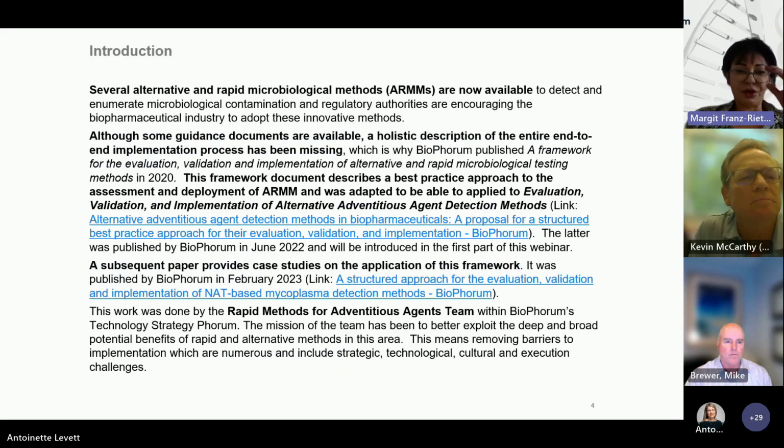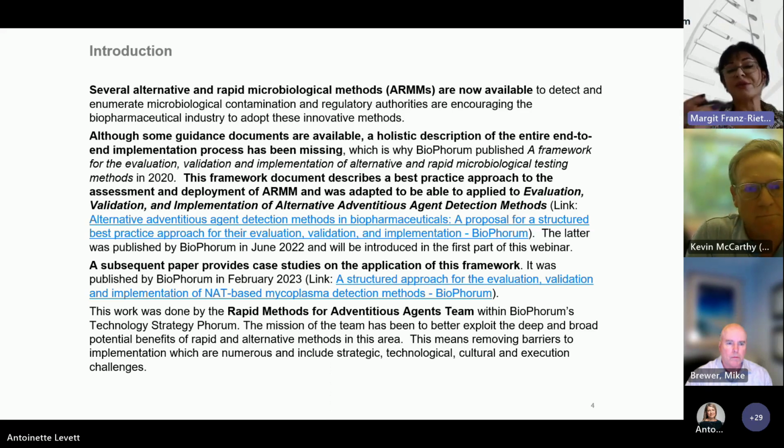As you will all know, there are several alternative and rapid micro methods that are available to detect microbiological contaminations, and regulatory authorities are encouraging the biopharmaceutical industry to adopt these innovative methods. To help with that, the ARMM team within Fill Finish published a paper in 2020 which provided a framework for the evaluation, validation and implementation of these new methods.